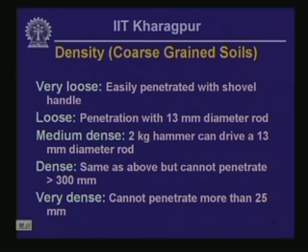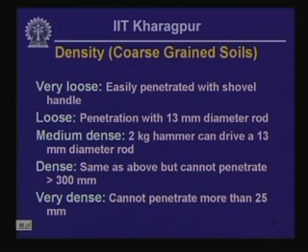You can infer these different densities by conducting very simple tests, such as trying to penetrate the formation by a stick, by the handle of a shovel, or trying to insert a rod into the deposit.